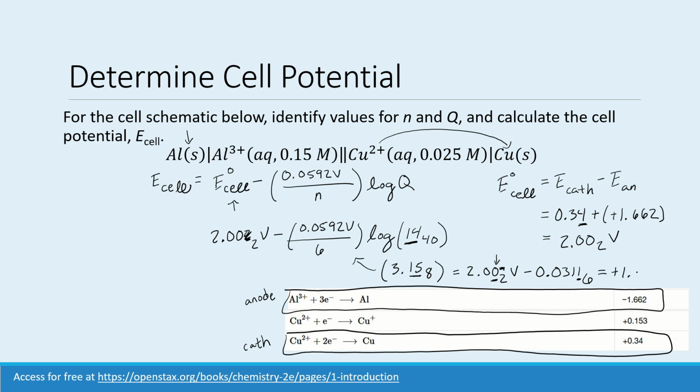And subtracting those 2 values, we get an E cell of positive 1.97 volts. Okay, and of course, because that is positive, it is spontaneous.